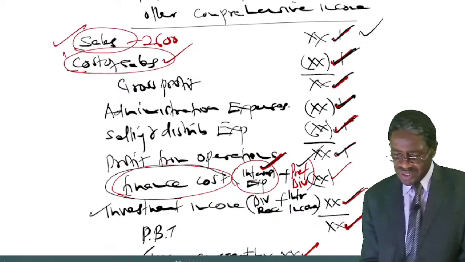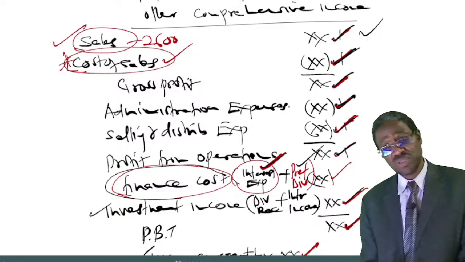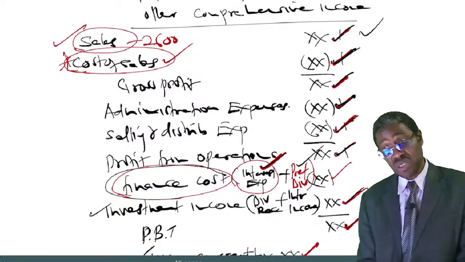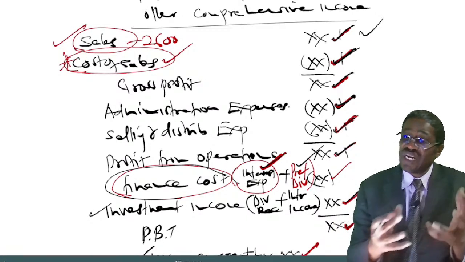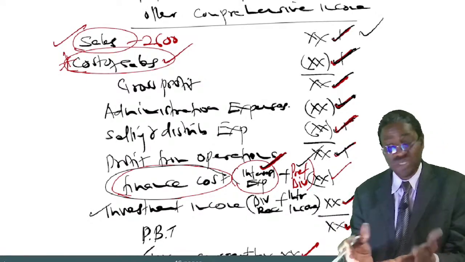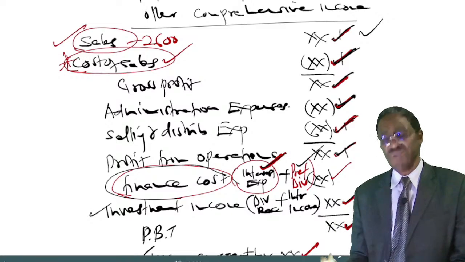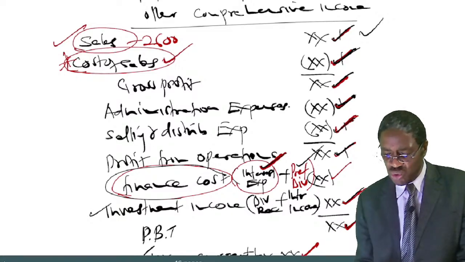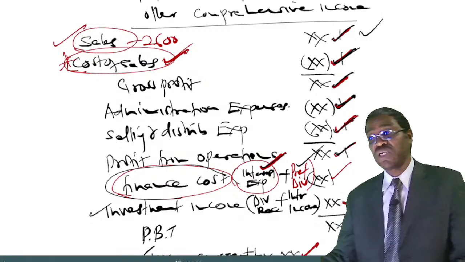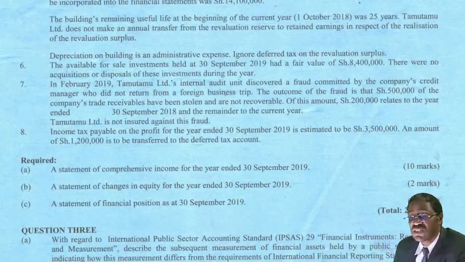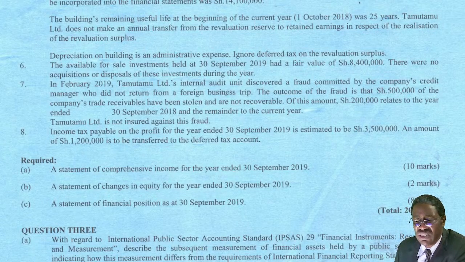For the cost of sales, there is a lot there also to be used. Why? Because we read somewhere we are depreciating the assets and classifying them as a cost of sales. Nothing wrong. So it means we have to calculate the true cost of sales, and there are a lot of workings there. Why? Because if you remember, note number 2 or 3, they were telling us to depreciate and put it as a cost of sales.